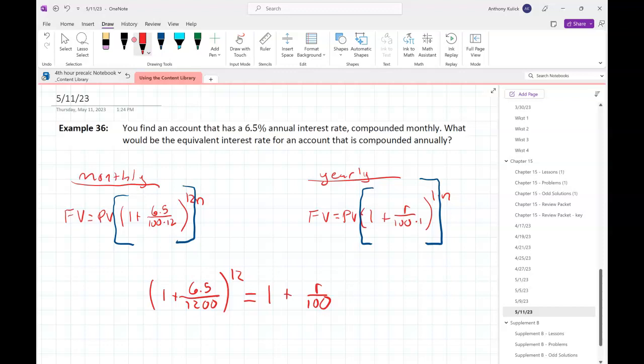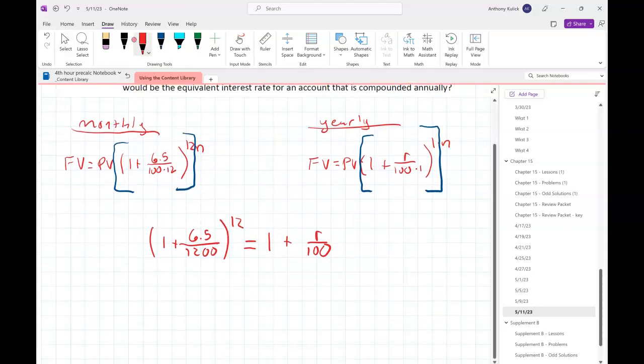So all I got to do now is solve this equation for R. So I'm going to subtract 1 over and multiply by 100.